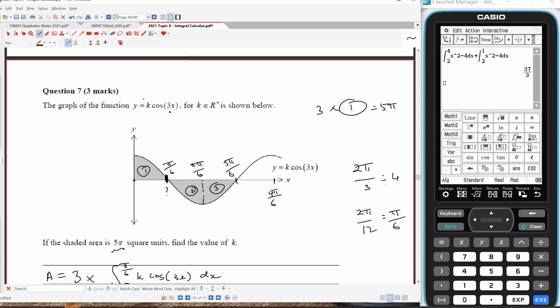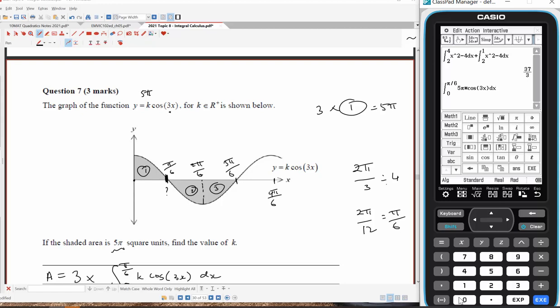Okay, so 5 pi. Doesn't seem right, but let's just check it out. So what I'll do is integrate between 0 and pi on 6 for the alleged k value, 5 pi, times cosine 3x dx.